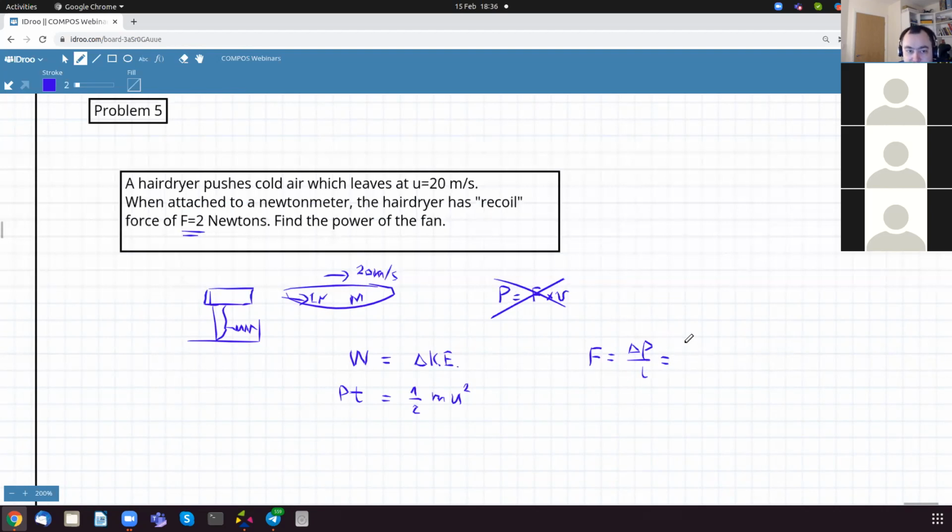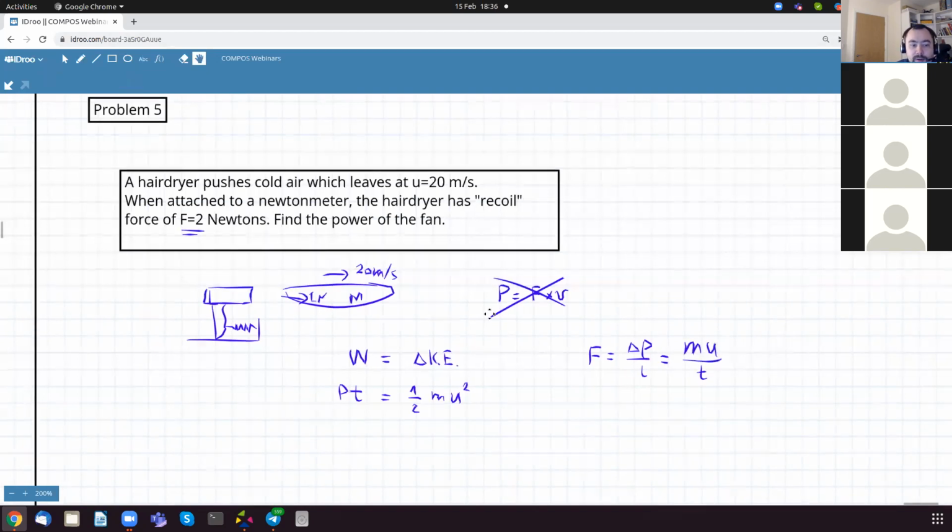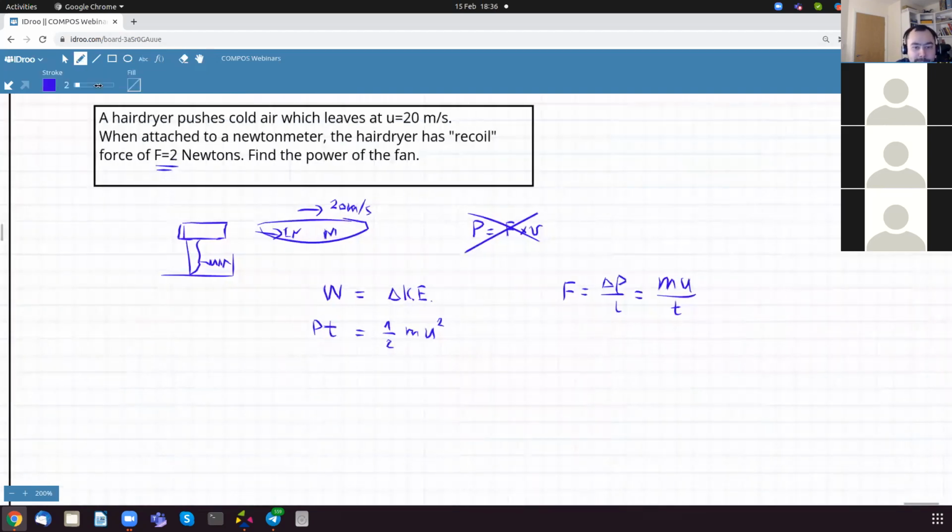So the air has changed momentum by mu, divided by t. So mu can be written as ft, which is the mass of the air times the speed of the air, force, and time.